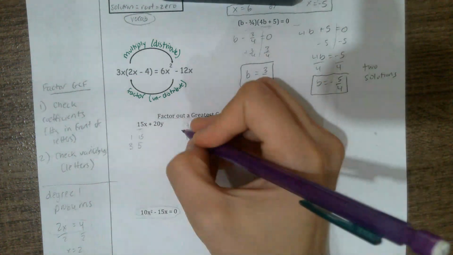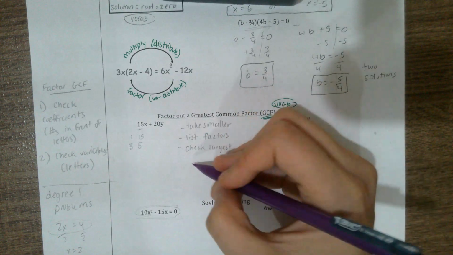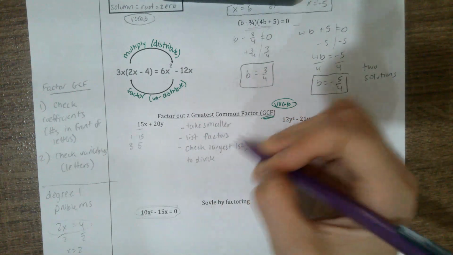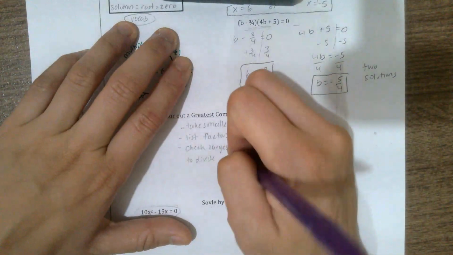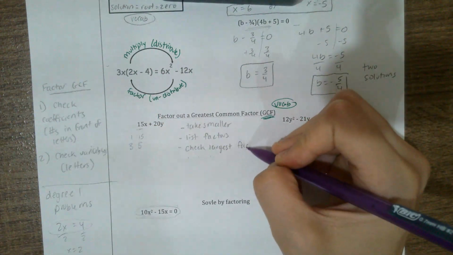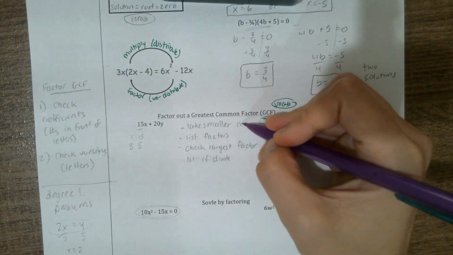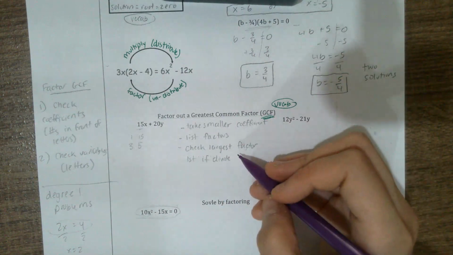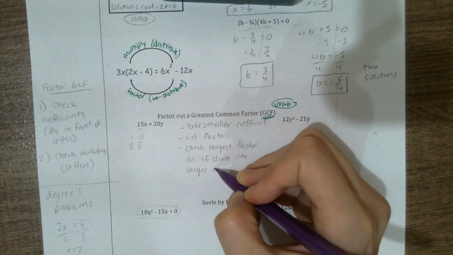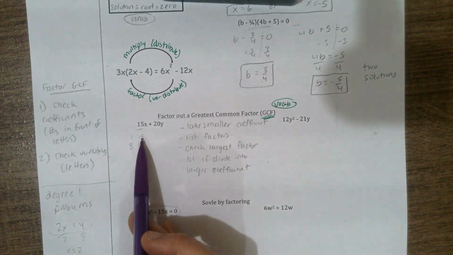And then you want to check the largest factor first: if it divides, take the smaller coefficient, if it divides into the larger coefficient. So first we're going to check 15 because 15 is our largest, right?